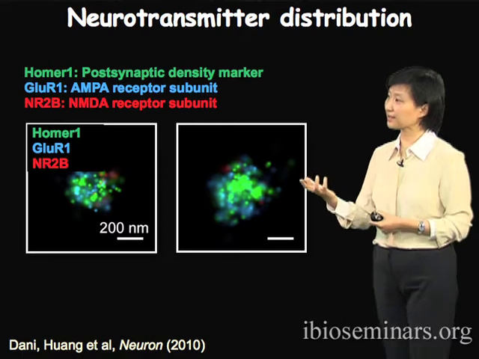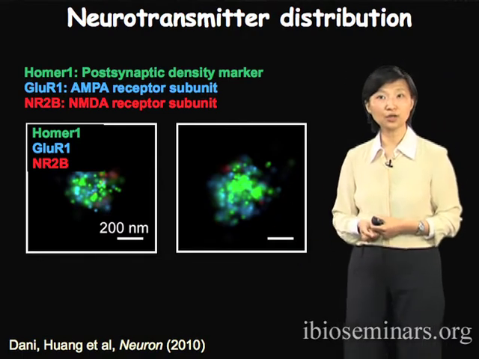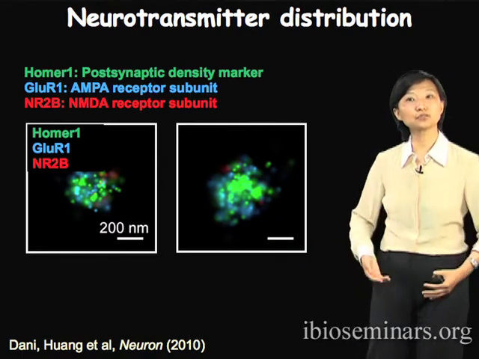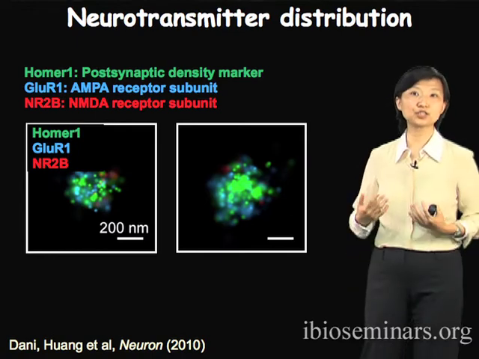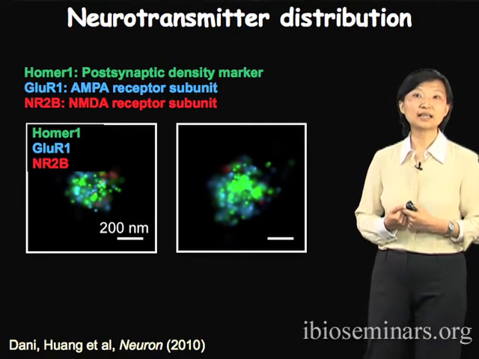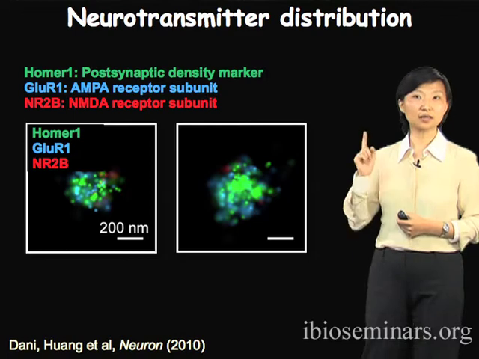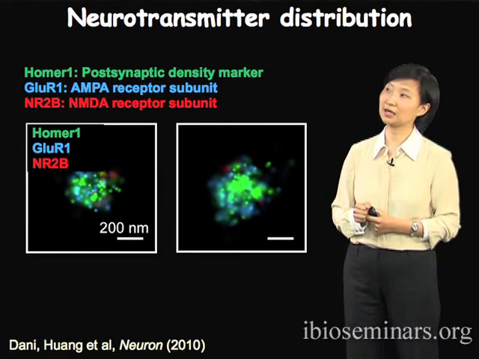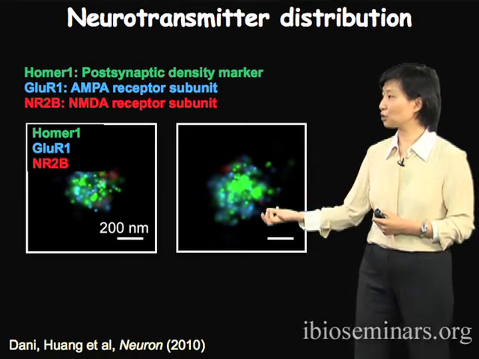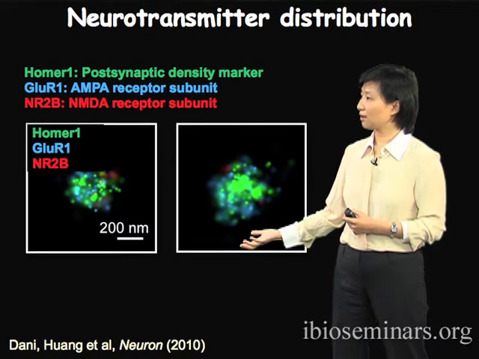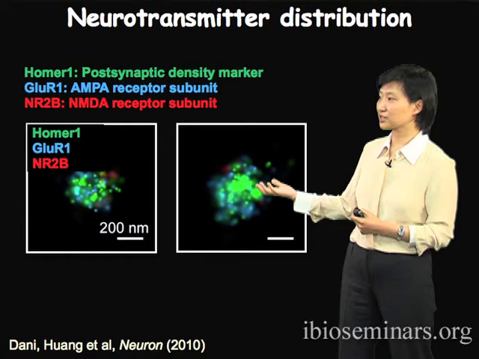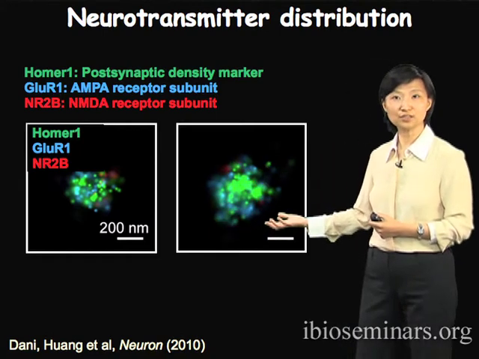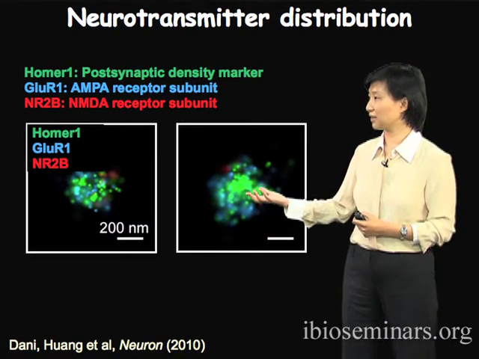Now we can not only get this kind of a lateral distribution, we can also get quantitative information on the composition of receptors in the synapses, which is another important property that could determine the transmission property of synapses. Now if you look at these two images, you might even think of these as two-color images, because you can see green and blue.